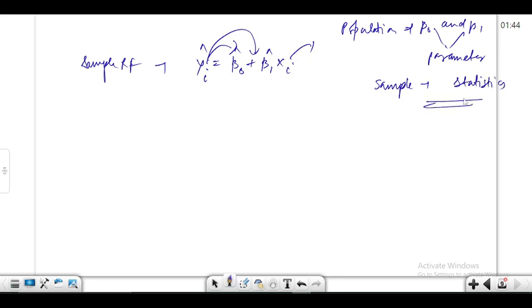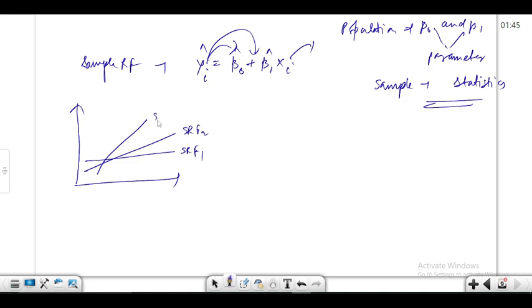This is the vocabulary that is different for both functions, so just remember that. If I plot, I can take multiple samples. This is your SRF1, SRF2, SRF3, etc., and try to fit them in the data such that they are closer to the population regression line.